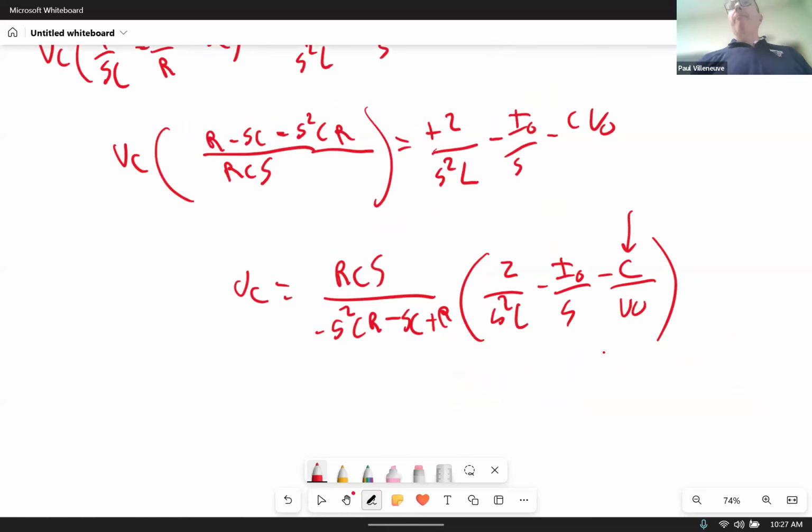Keep in mind, this is a number, a constant. There's no S terms in here. You've got an S squared term here and an S, so you've got some partial fraction expansion to do. But in reality, you've only got 2 roots here. Because you can factor out the C, so that's S equals 0, 2 roots there that are repeating, and one that is at S equal 0 or DC.